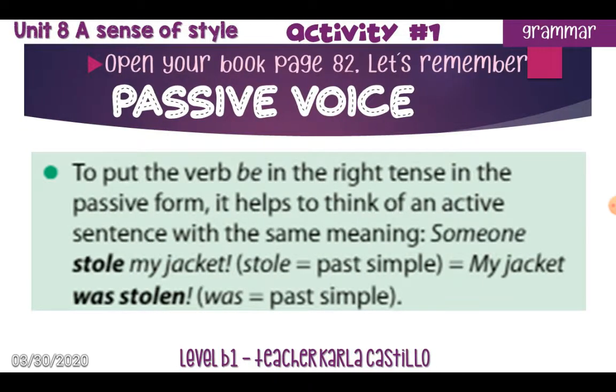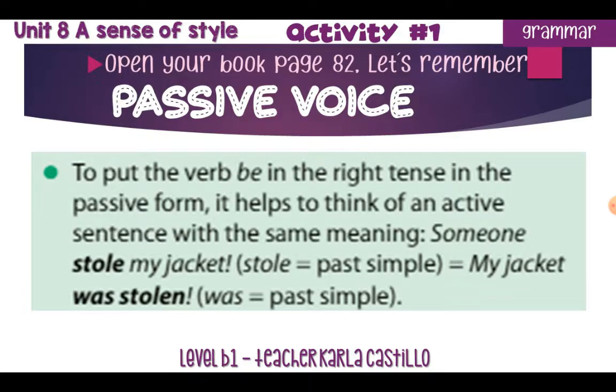Okay, the next bullet. To put the verb be in the right tense in the passive form, it helps to think of an active sentence with the same meaning. You have here, someone stole my jacket. Stole is in past simple there. It means my jacket was stolen.